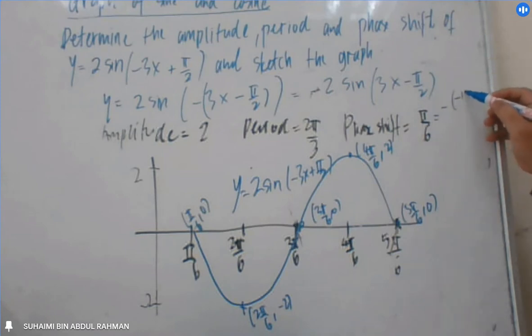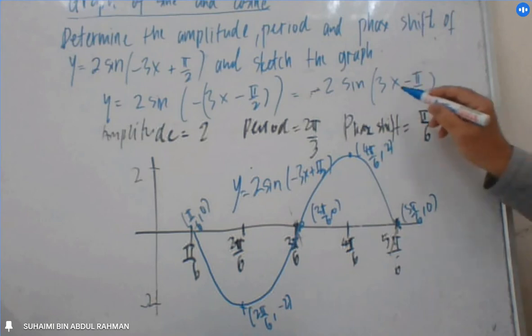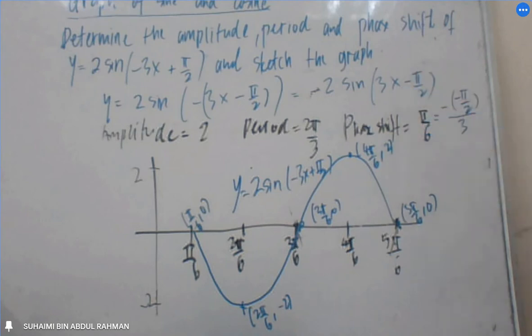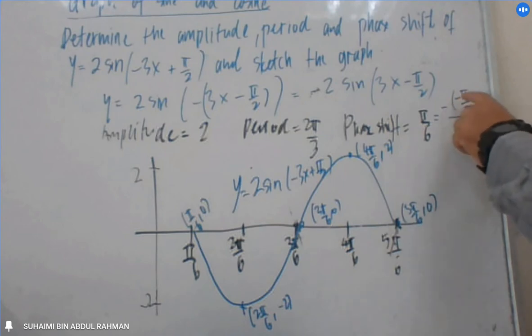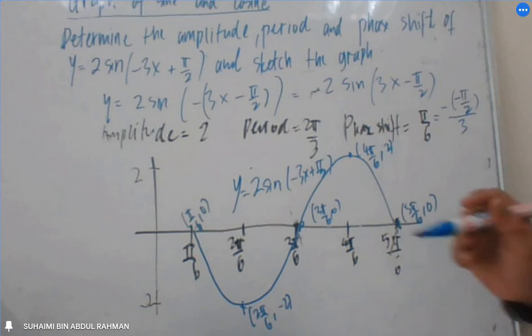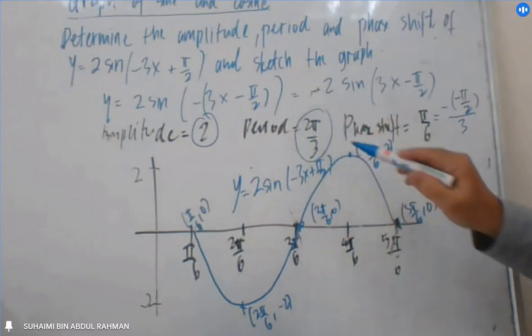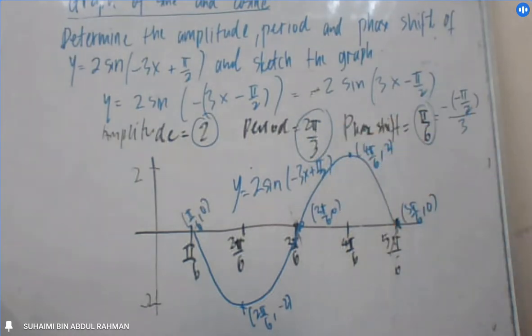C is minus pi over 2. This is C over B. B is 3. So we get plus pi over 6 because minus becomes plus. So we get those 3 values: amplitude 2, period 2 pi over 3, phase shift pi over 6.